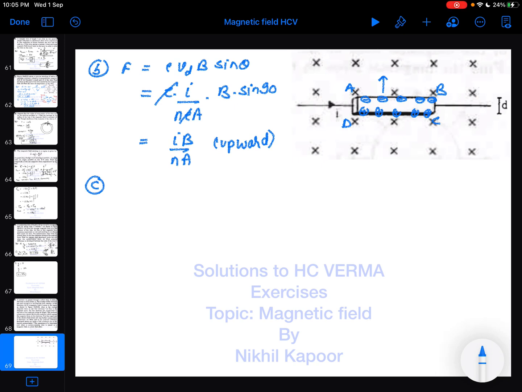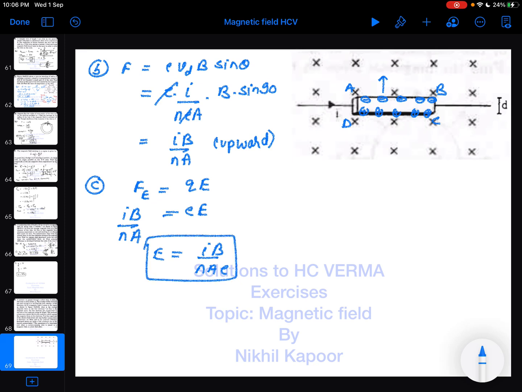Okay, so obviously for further accumulation, the force exerted by electric field will be q into E, that is e into E, and that must be equal and opposite to the force of the magnetic field. So therefore the electric field required to stop all this will be IB upon nA into e.